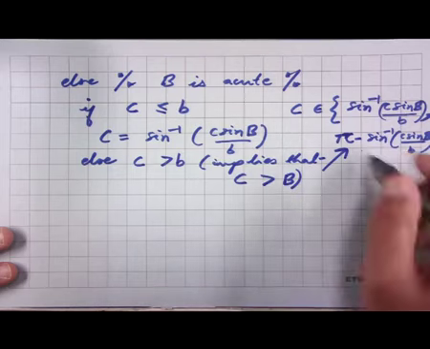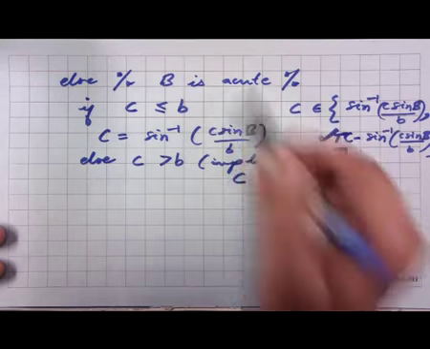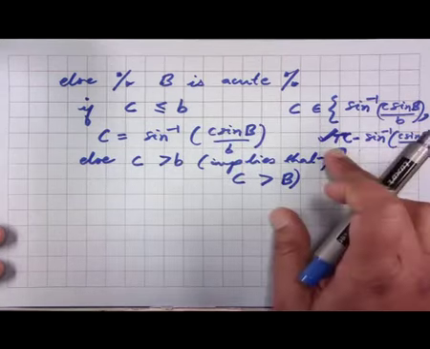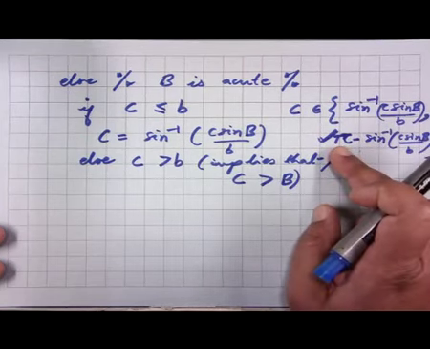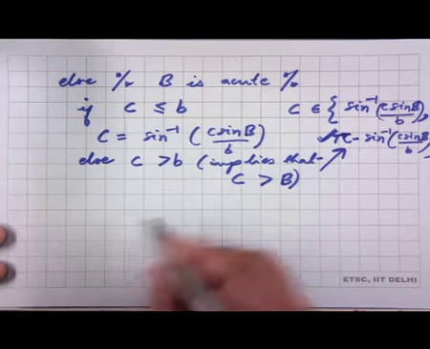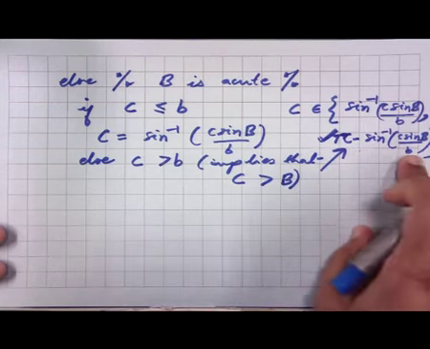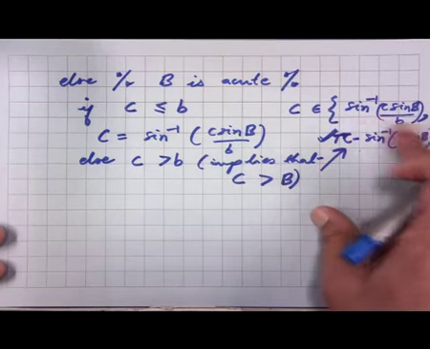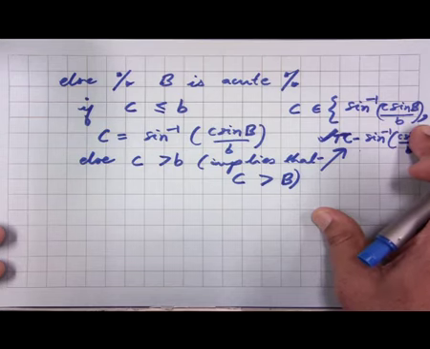Therefore, this obtuse angle is definitely one value which the angle C can take. So, C could be either this value or this particular value.